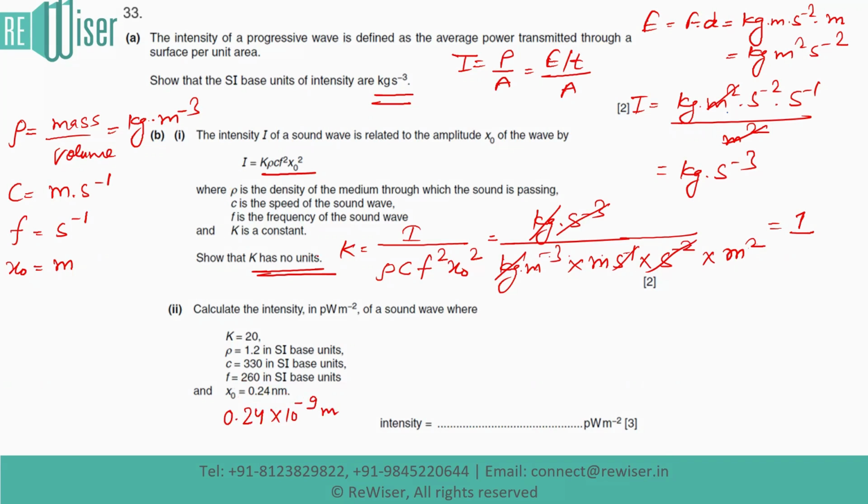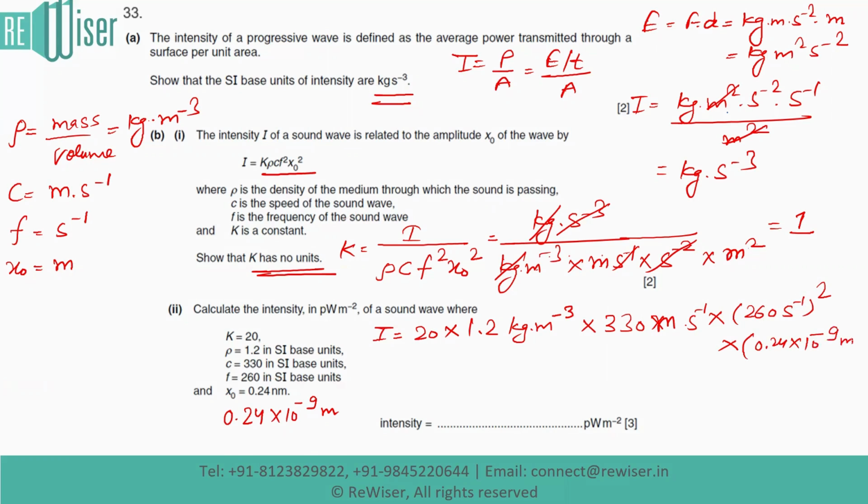Okay, so here we will calculate the intensity I. If we put in the values, 20 into 1.2 kilogram per meter cube, into 330, which in units is meter per second, meter s minus 1, into f square. So the f value is 260 second inverse, squared, into x naught square, so it is 0.24 into 10 to the power minus 9 meter, squared.